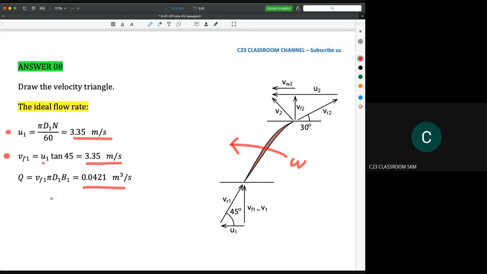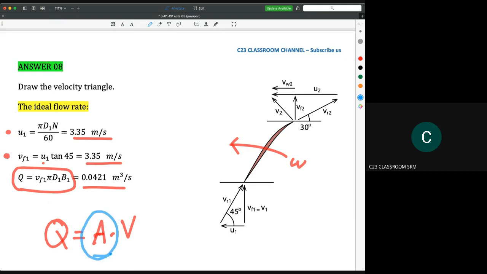You need to understand that this equation is from the idea that Q is equal to A times V. I already explained the idea of cross-sectional area here. It reflects pi D B, because there is no information about the thickness of the blade, so it is okay for us to use K equal to 1.